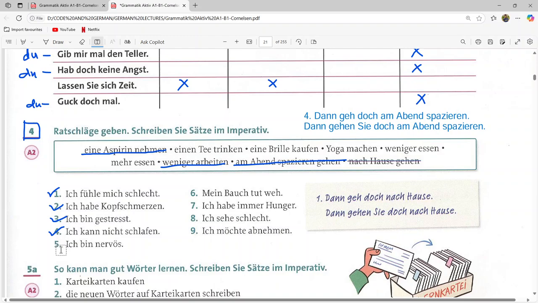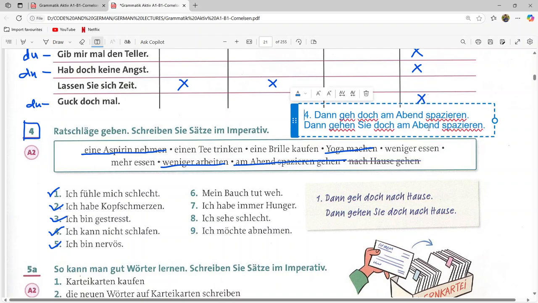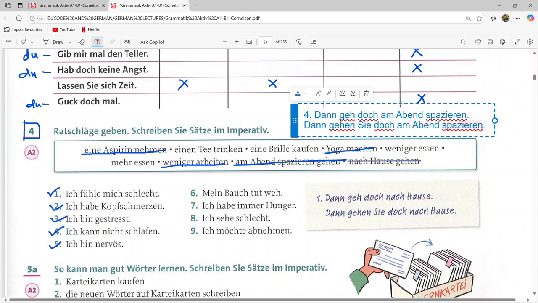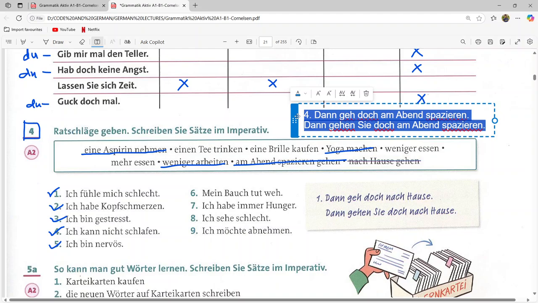Next one, "Ich bin nervös," I am nervous. So if someone is nervous, what makes someone calm? Not tea, not relaxing, but doing yoga, I think. Yes, by doing yoga someone can be calm. So how can I say to him that you can do yoga?